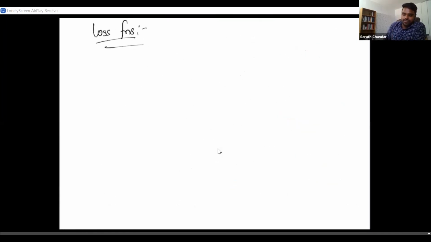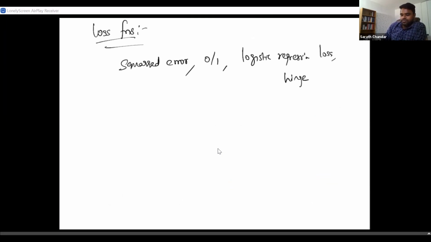We started with squared error. We have seen 0, 1 loss. We have seen logistic regression loss. And we have seen hinge loss, right? Why do we have so many loss functions? Which loss function is better, or what do we care about?